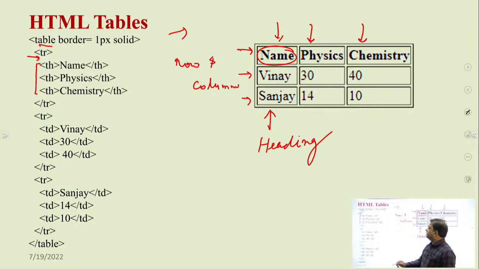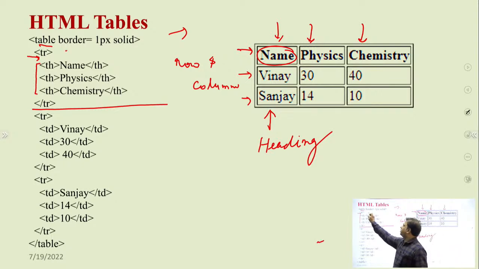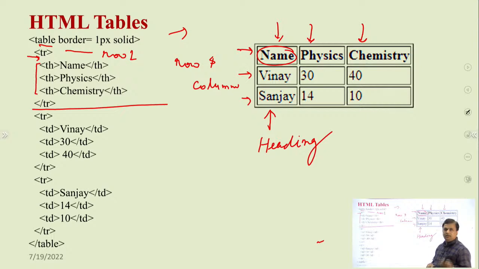Then the table row is closed. That means up to this stage I have created one row, that is my row number 1, and it has 3 headings, that is TH: name, physics, chemistry. So, these are 3 headings.